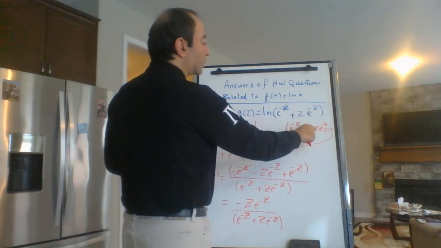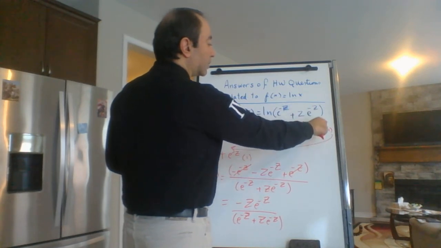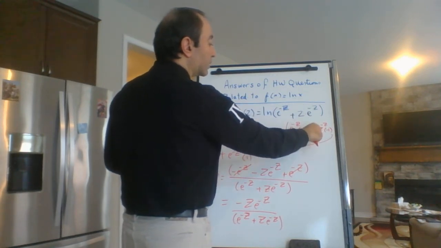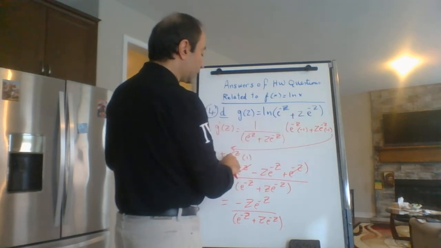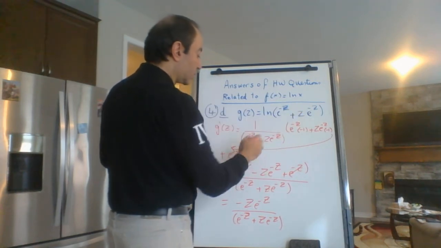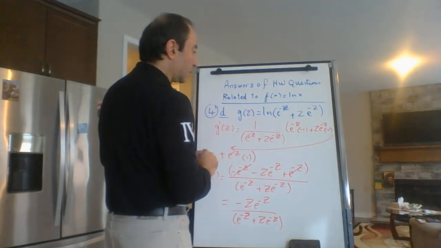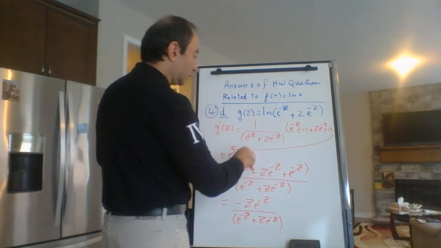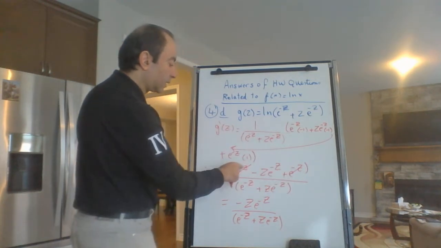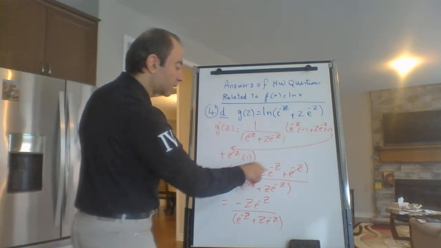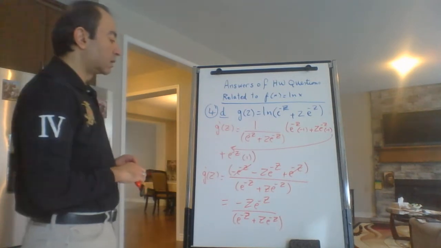So first times the derivative of the second: the derivative of e to the power of negative z is e to the power of negative z times negative 1, plus the second times the derivative of the first, which is 1. Now this times 1 gives us what's on the top. Then I combine like terms, those cancel out, and that's what is left.